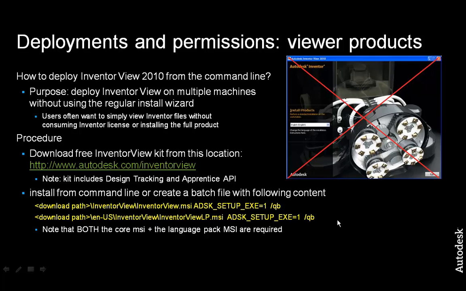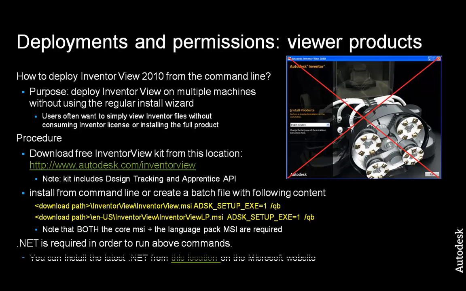Both commands are required. And the other thing you need to be aware of is, don't attempt this on a machine that doesn't have .NET installed. So .NET is required in order to run the above commands. It could very well be that you try to run this batch file on a machine that has never seen Inventor or never seen an Autodesk product, so the chances are relatively high that you don't have the .NET framework on those machines.